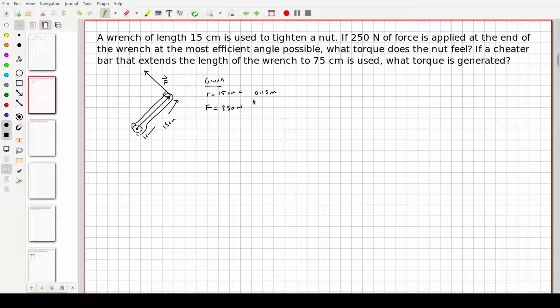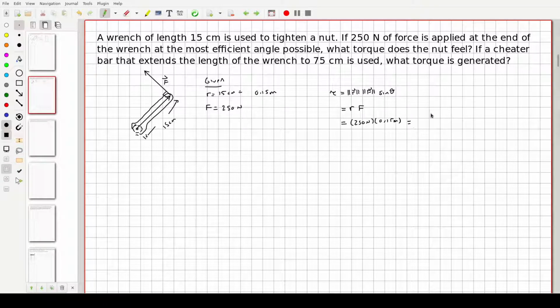250 newtons. Now, the magnitude of the torque is R F sine of theta. But the angle here is 90 degrees, and sine of 90 is 1, which means that it's just the magnitude of R times the magnitude of F, which in this case would be 250 newtons times 0.15 meters.